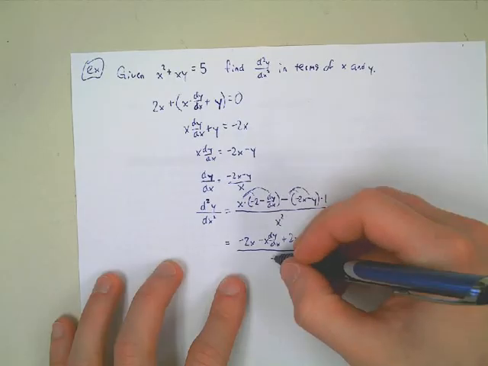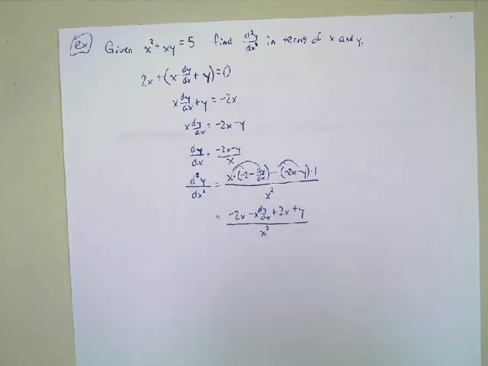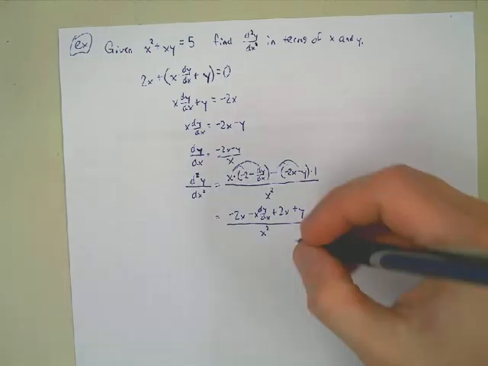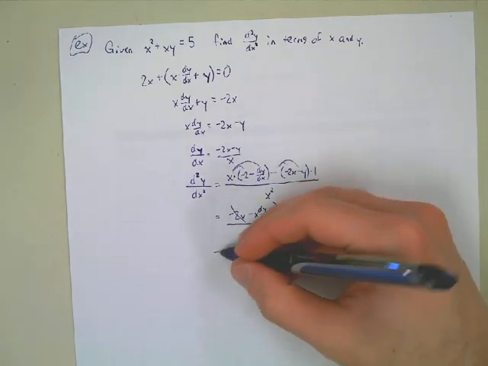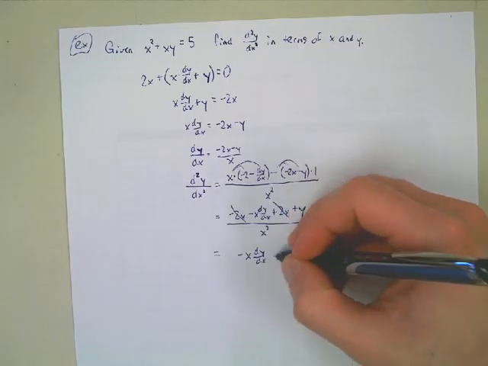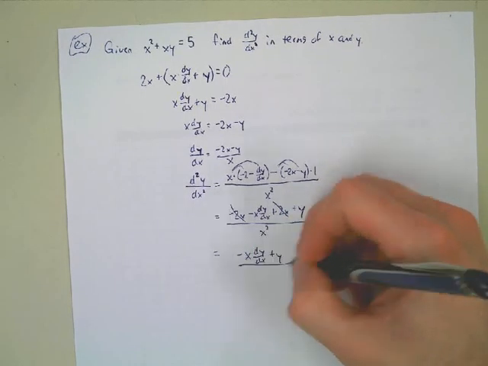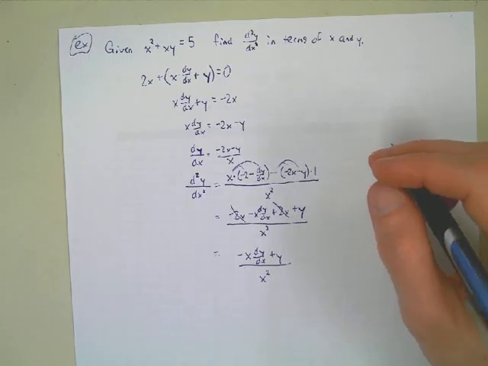Something simplifies here, doesn't it? So we have some like terms that we can cancel. What are the like terms here, Austin? Negative 2x and positive 2x. Yeah, we have a negative 2x and a positive 2x that cancel, so that's nice. And so we have negative x dy dx plus y, all over x squared. And let's see here, what is dy dx? Negative 2x minus y over x.